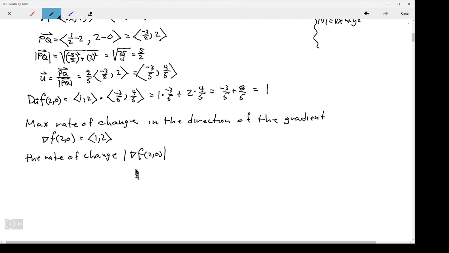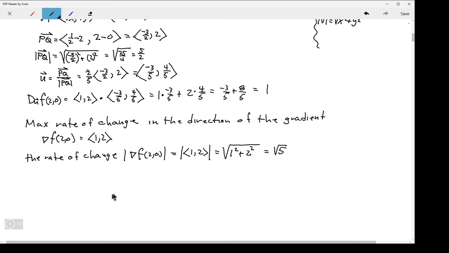That is the magnitude of (1, 2), which is the square root of 1 squared plus 2 squared, the square root of 5. So we end up with the maximum rate of change of my function, x e to the y, being the square root of 5, and it occurs in the direction of (1, 2).